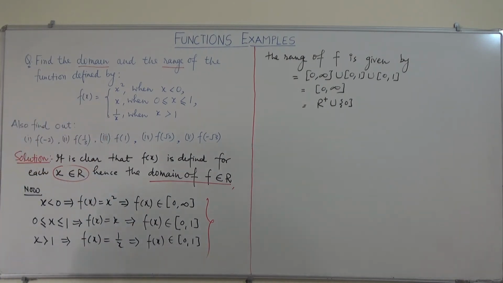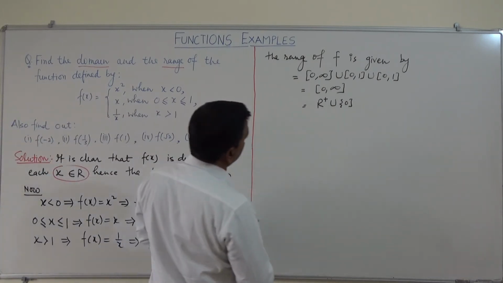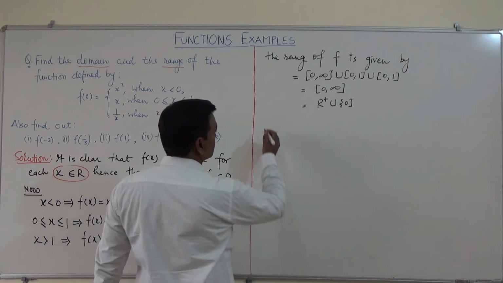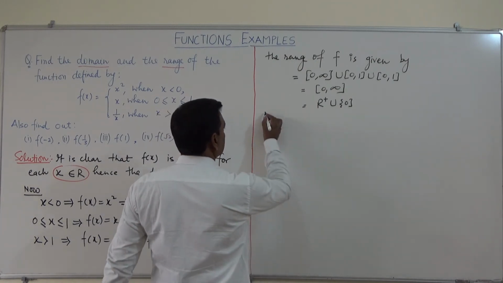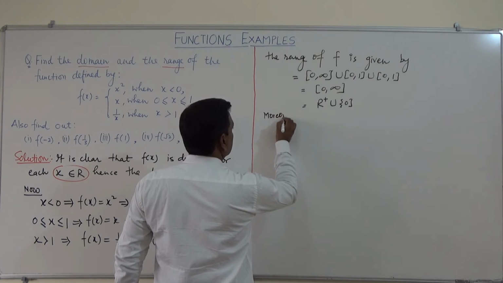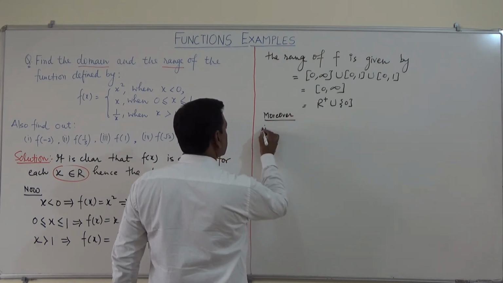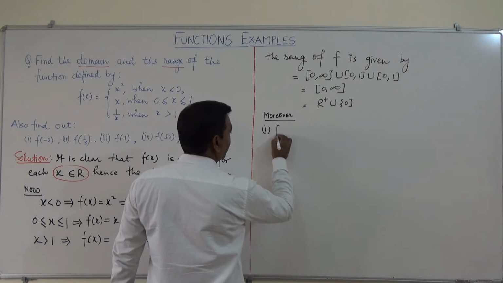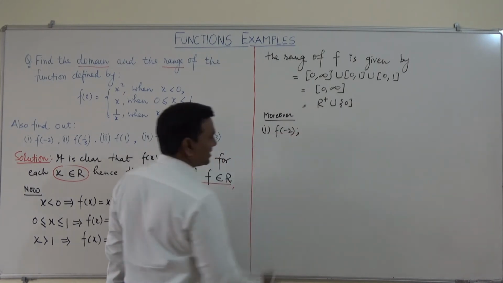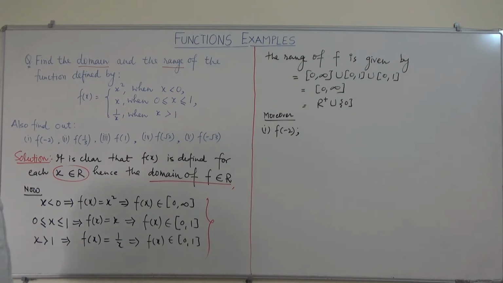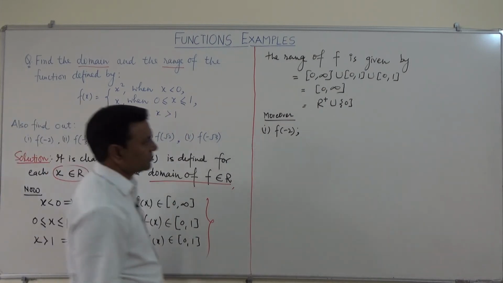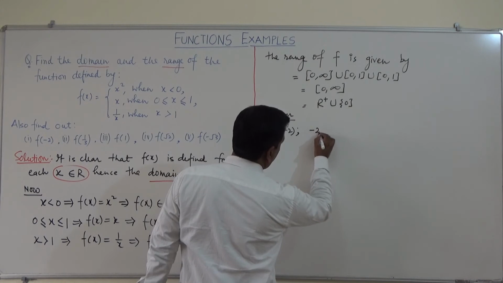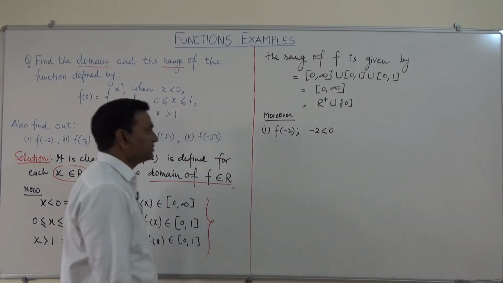Now we will calculate these 5 values on the basis of these rules which we have given. Now first we will see, the first one is f(-2). Minus 2 is less than 0, it means we will follow this rule.